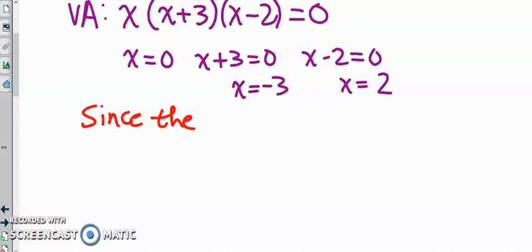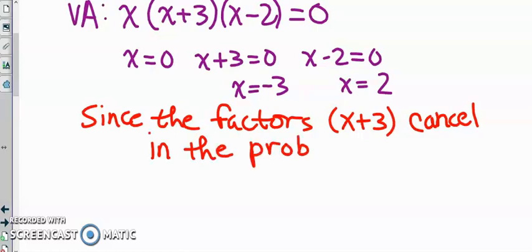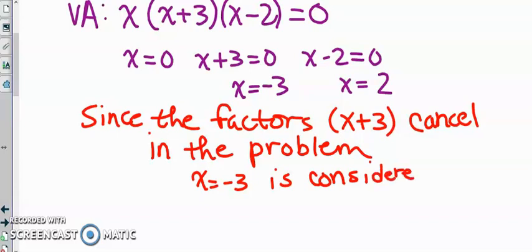So since the factors x plus 3 cancel in the numerator and denominator, x equals -3 is considered a hole in the graph.